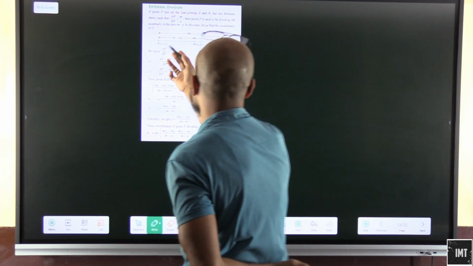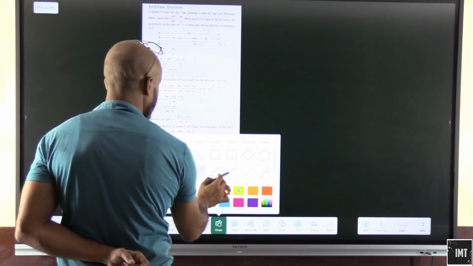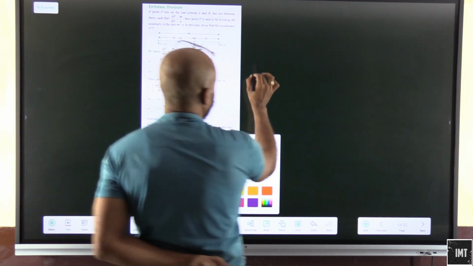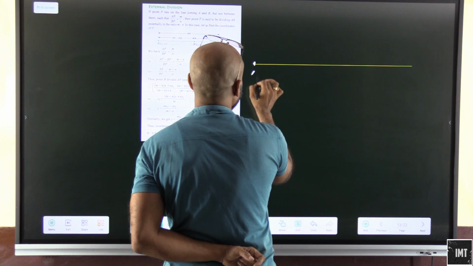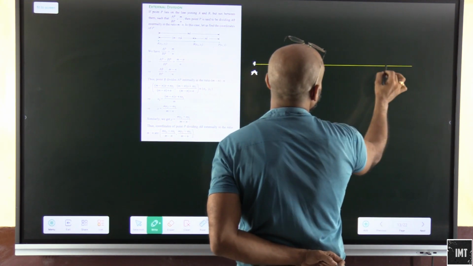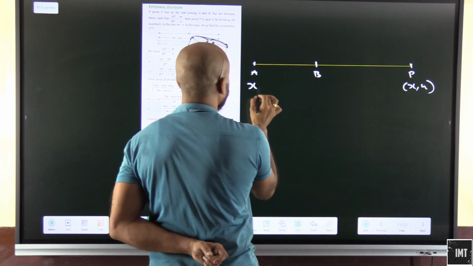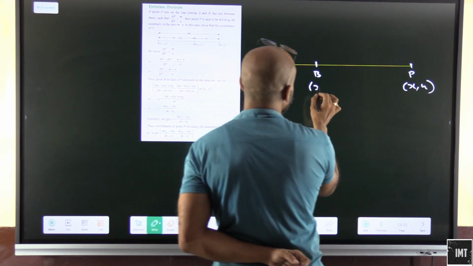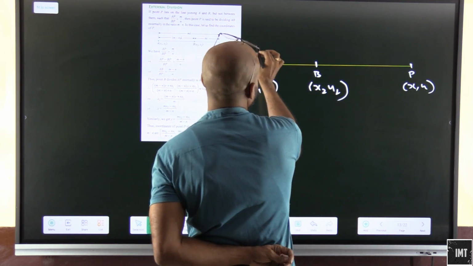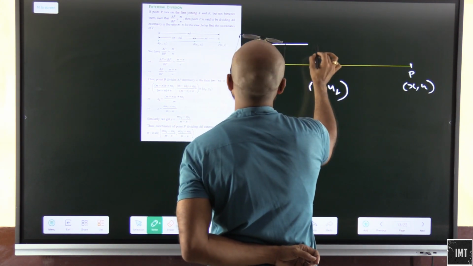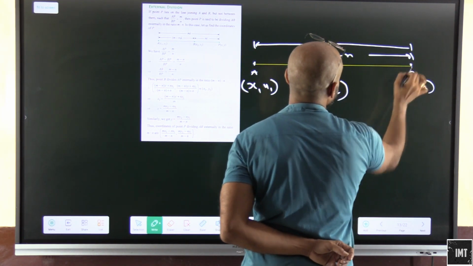If we happen to have an external division, so let's say this is the case of external division. We have a line like this, and we have point A, and this is point B, and here is point P. So P is x y, this is x1 y1, and this is x2 y2. So what is point P doing? AP will be m, and BP will be n.